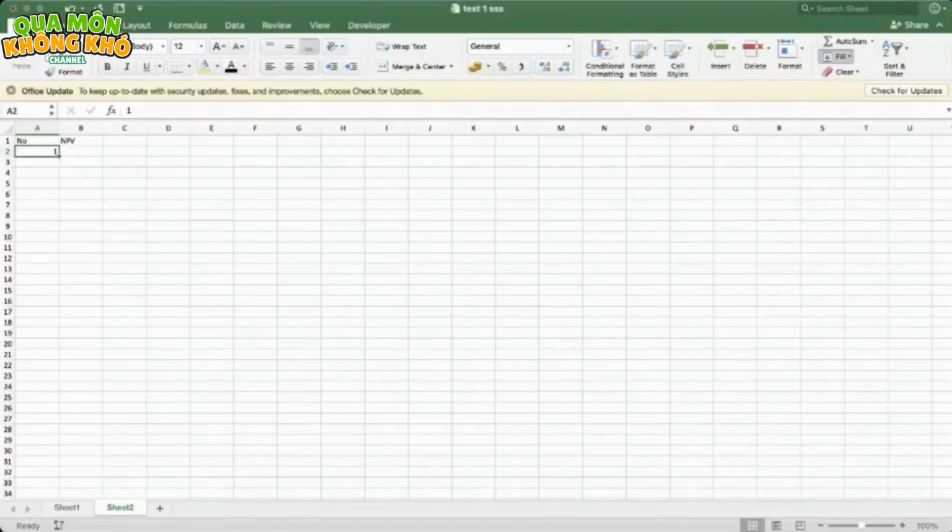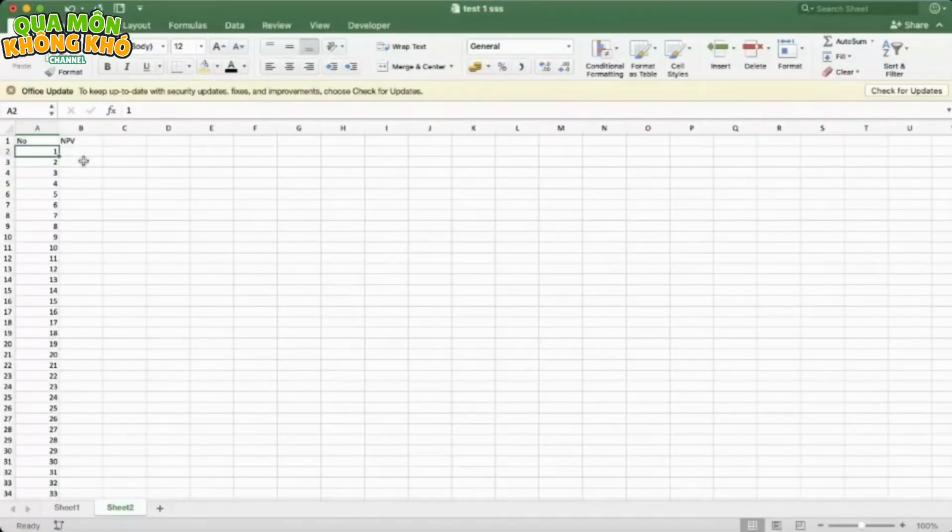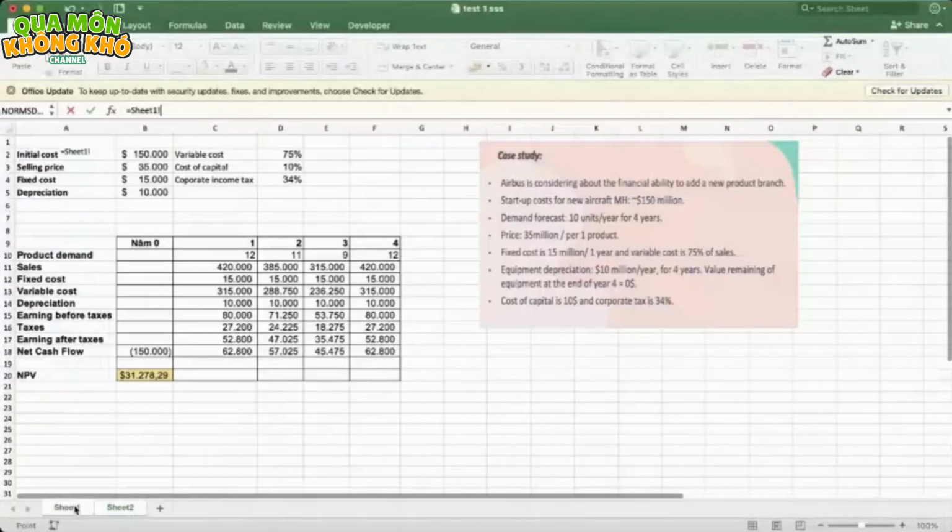We will use the series to fill up from 1 to 1,000. You can see I fill up a number so you really know the total number of steps I want to try. And the NBV here we will get the result from the reverse system.